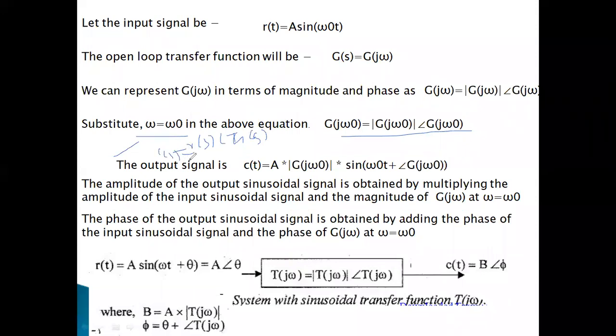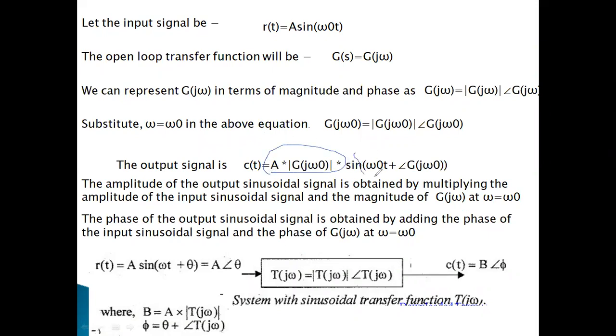C of s is equal to R of s into G of s. So to find the output, you simply multiply the magnitudes and add the phase angles, and you get the final output. Initially the input sine omega t is A at an angle of 0, and its transfer function is G of j omega.